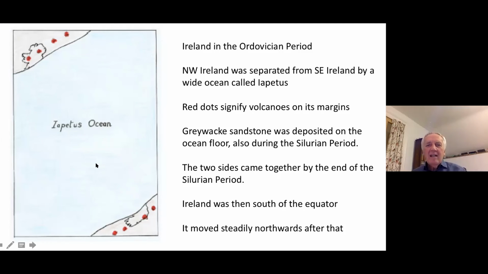And the greywacke sandstone was deposited on the floor of this ocean. I mentioned that happened during the Silurian period, produced the greywacke that was found at Clogher Head to make the curbstones at Newgrange. Anyway, the two sides came together and they'd met by the end of the Silurian period. And at this time, Ireland was south of the equator, and it moved steadily northwards after that.